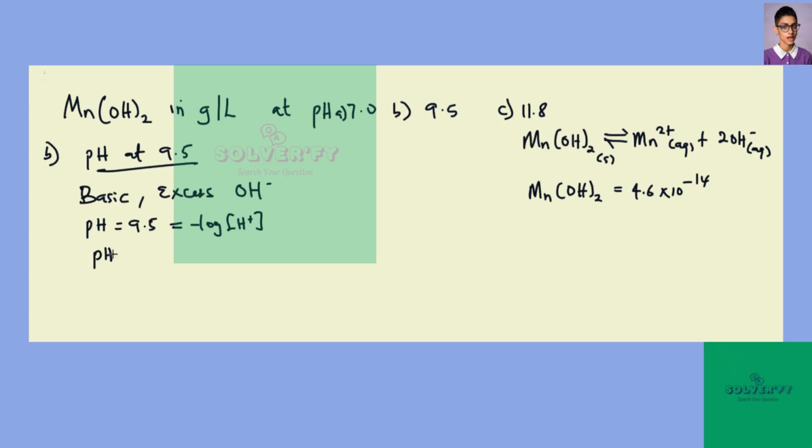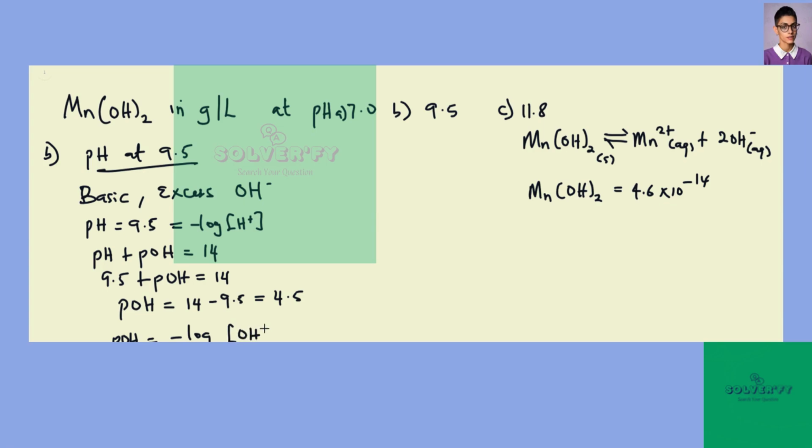So we know pH plus pOH is equals to 14. Therefore, the pH that is 9.5 plus pOH will be equals to 14. Therefore, pOH will be equals to 14 minus 9.5, and that will be equals to 4.5. So pOH, which is a negative logarithm of OH concentration, will then be equals to 4.5 is equals to negative logarithm of OH concentration.